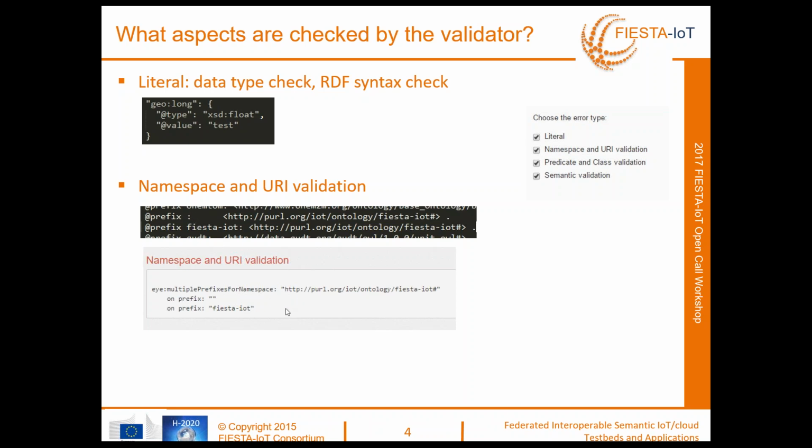So when we passed that version of FIESTA ontology to the validator, it just raised this problem that there are two namespaces for the same URL. So that is not valid.